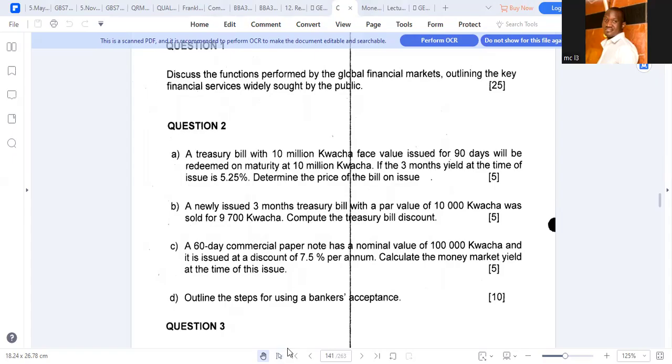All right, so we had alluded to the formula. What is the formula for a treasury bill?